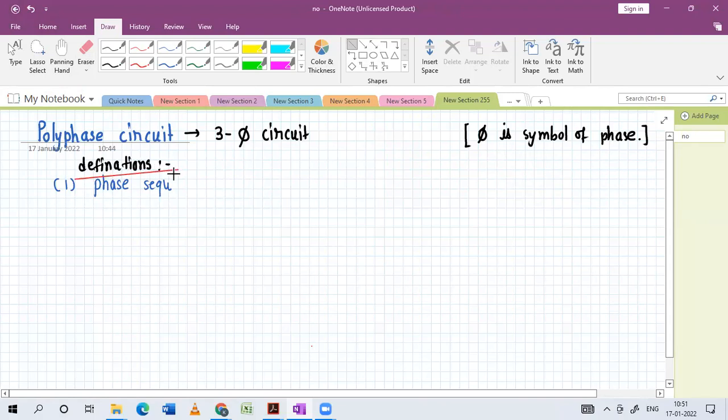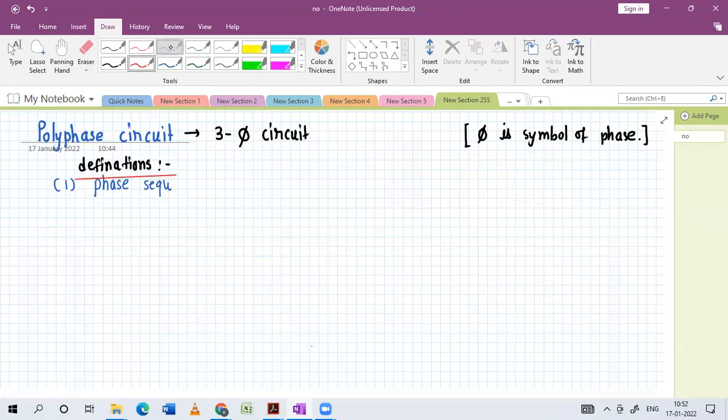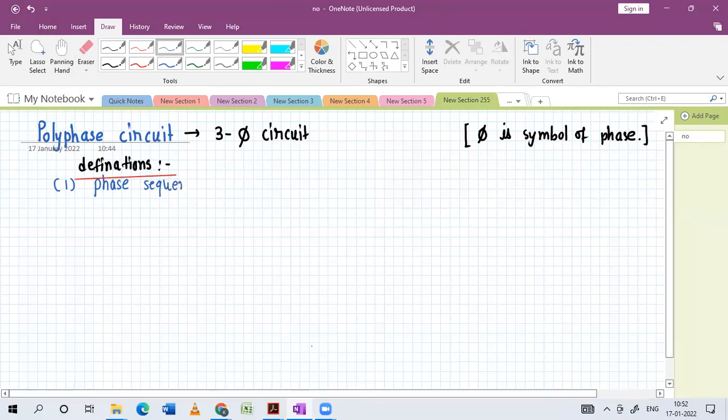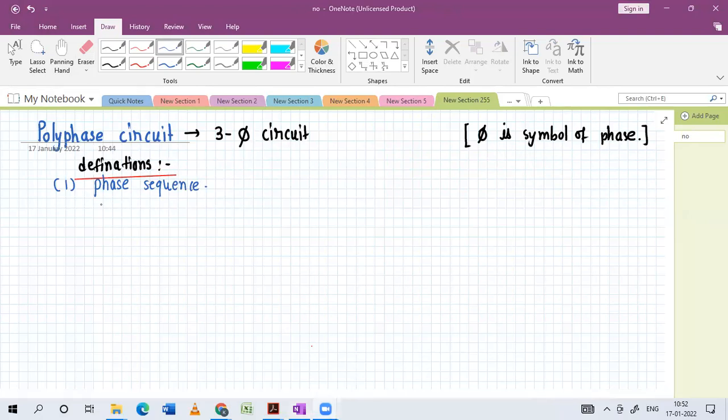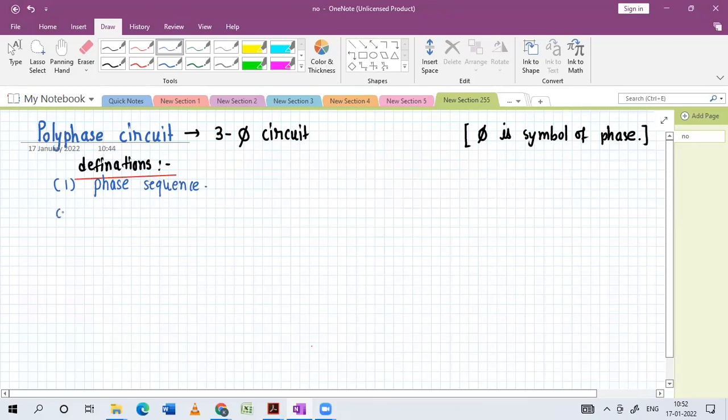First is the phase sequence. Second definition was the line voltage.